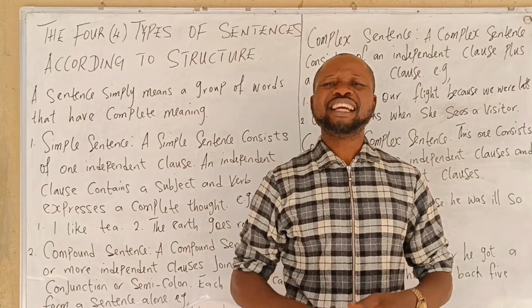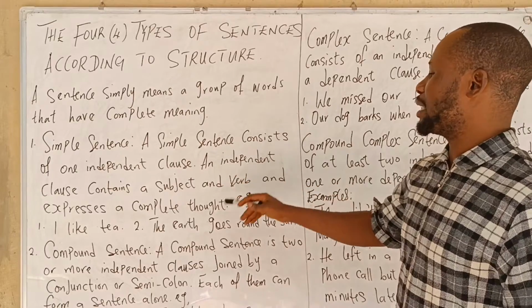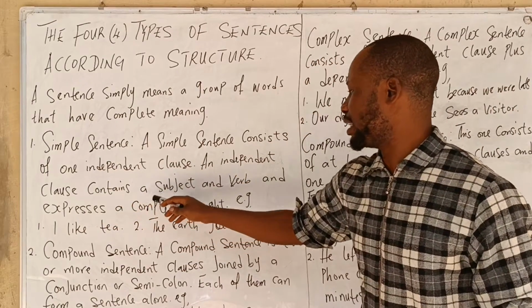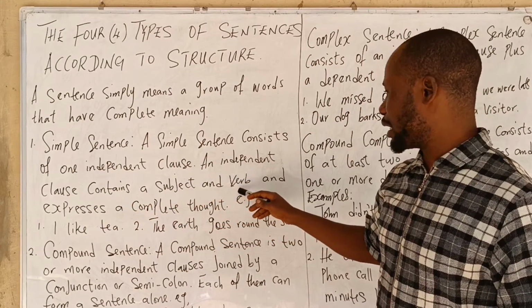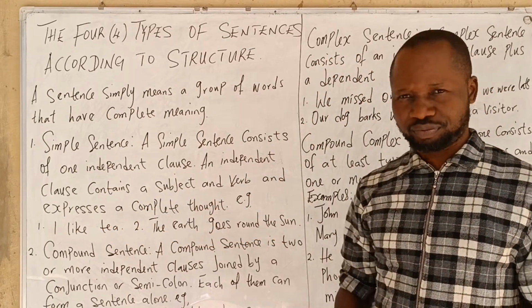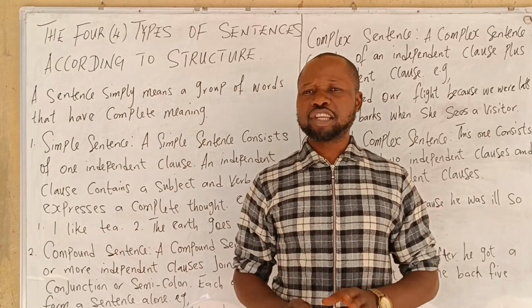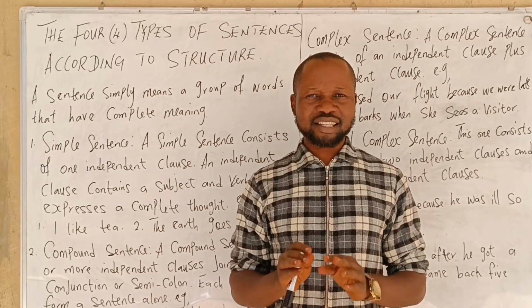That is what we mean by independent. It says again, an independent clause contains a subject and verb and expresses a complete thought. It's not dependent. It stands on its own.